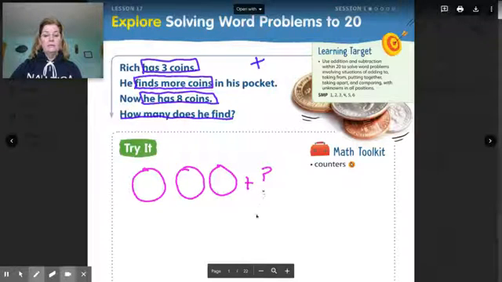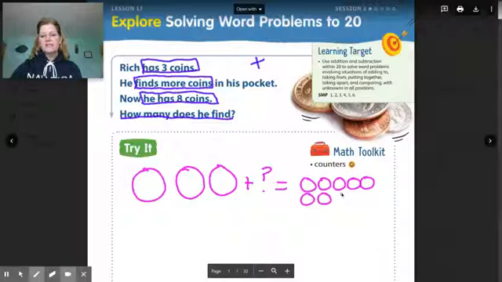Don't know how many, right? But then he has 8 coins. 1, 2, 3, 4, 5, 6, 7, 8. So 3 coins plus some, our mystery number, is 8 coins.